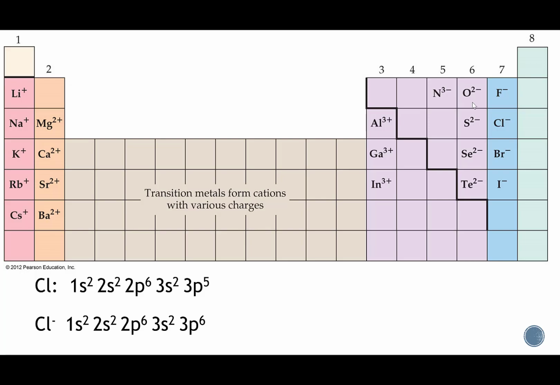So when oxygen forms an ion, he's going to go out and he's going to steal 2 electrons. So we have 6 valence electrons, steal 1, steal 2. Now our valence shell is full and our electron configuration looks like that of a noble gas.